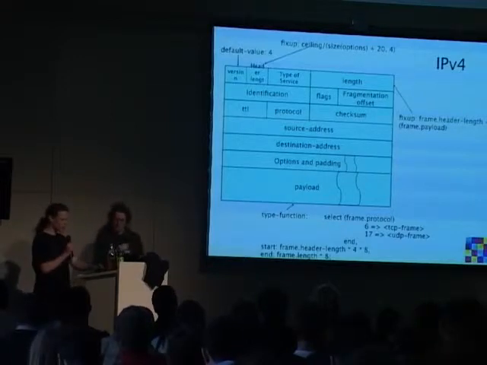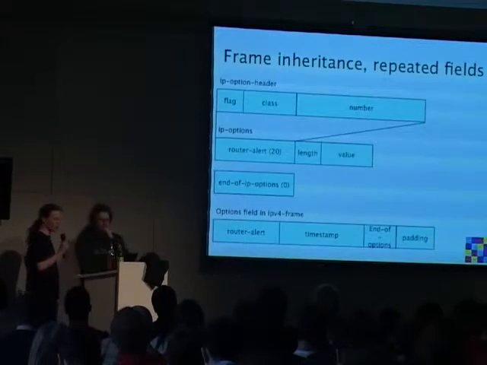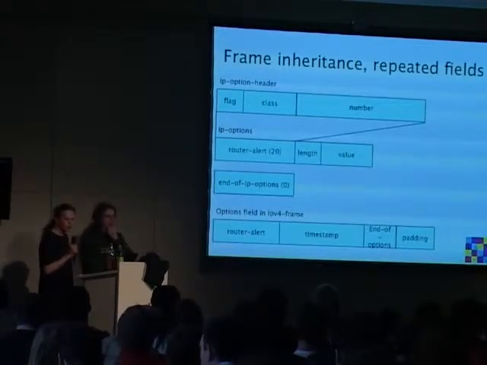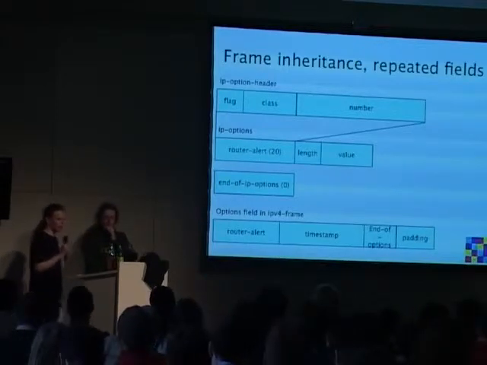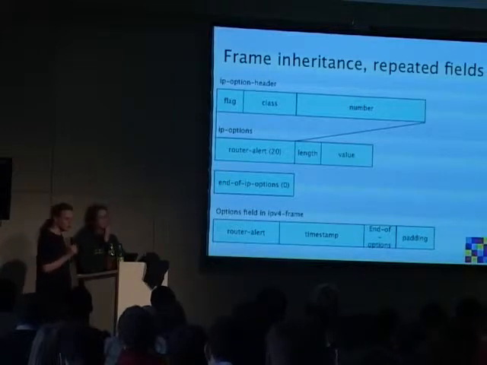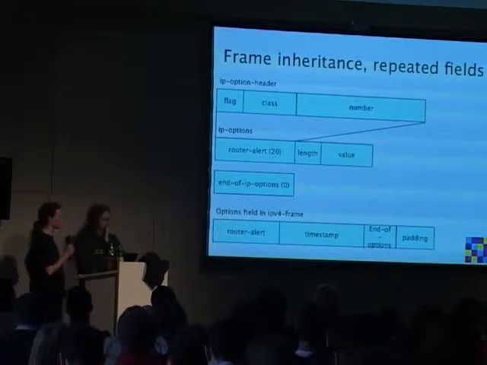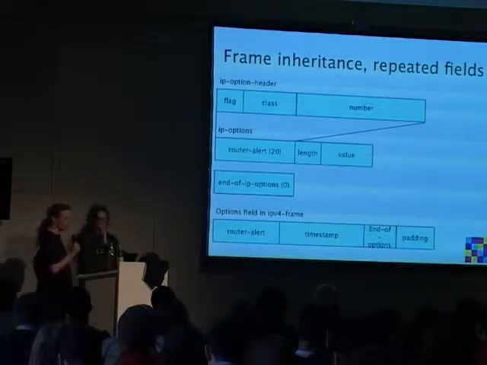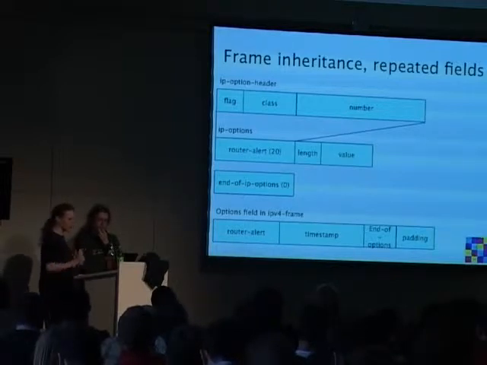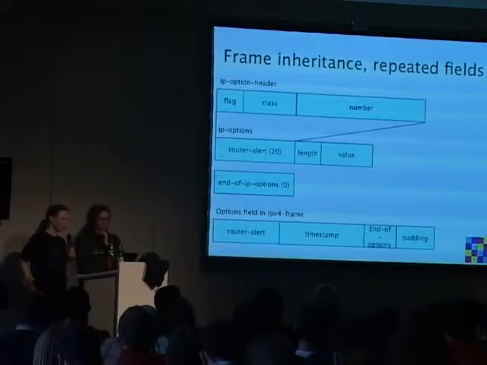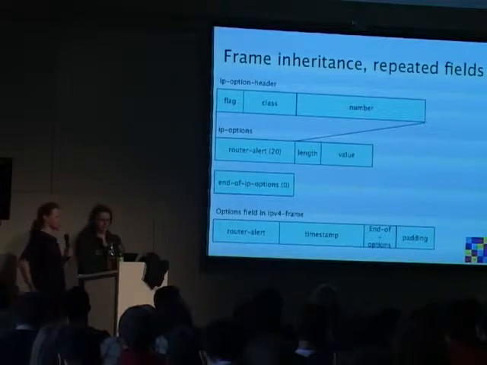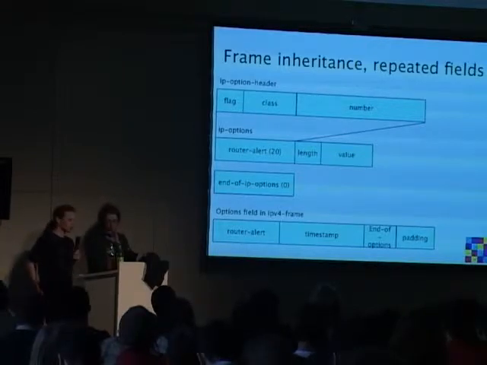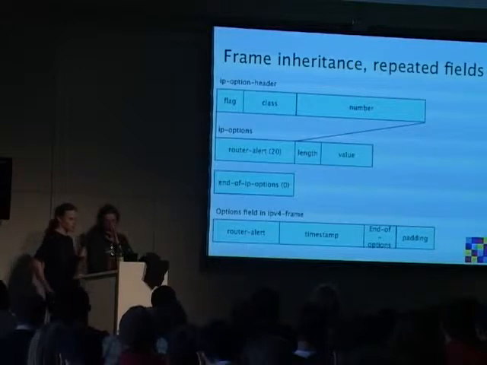Yeah, the next problem we encountered was IP options. IP options are typed internally. They first have a flag field, then a class, and then a number. Altogether it's a byte, and this byte specifies what comes next. So we implemented that as frame inheritance. All IP option frames inherit from the IP option header.